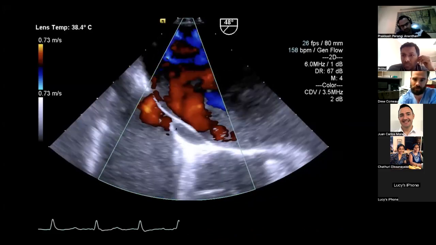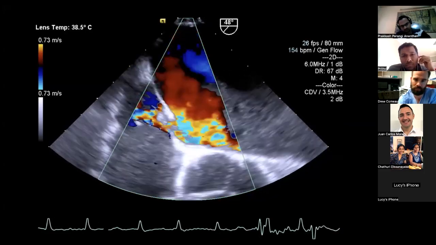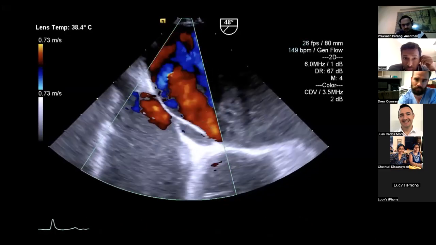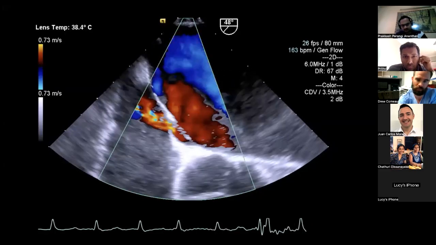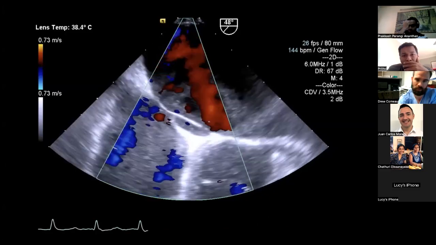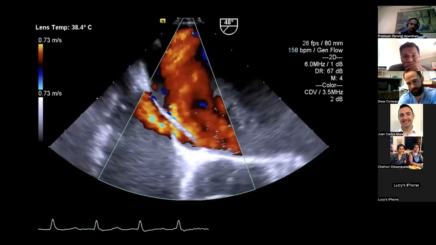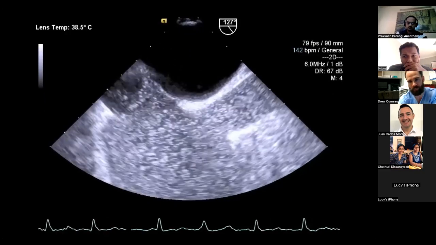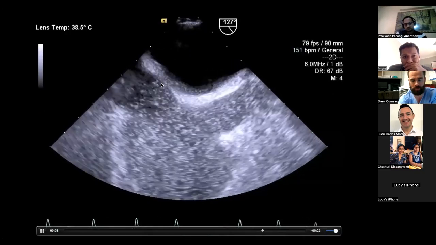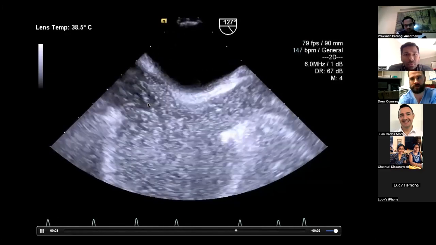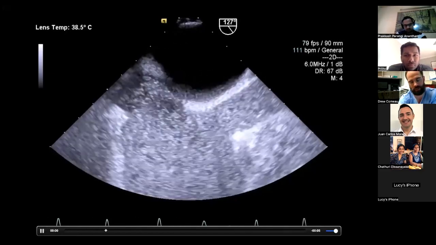When we put color on it, you can see as they breathe that there's this significant left to right atrial shunt. It's again just trying to indicate that when you're doing your bubble studies, you can have the most enormous patent foramen ovale, but the bubbles don't come over. So what you're trying to pick up is the negative contrast sign they sometimes call it.